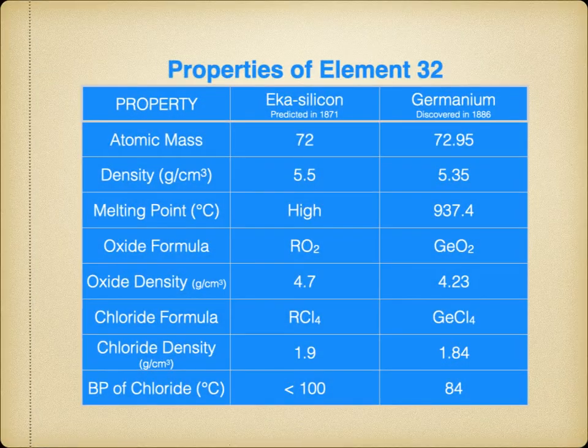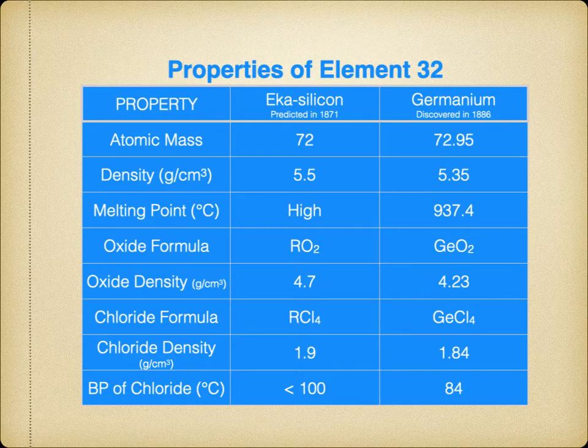At the same time, he also predicted an element just below silicon on the periodic table. It had also not previously been discovered, so in 1871, he makes the following set of predictions about the properties of Eka silicon.